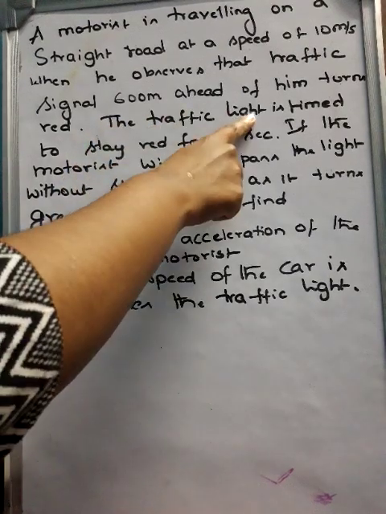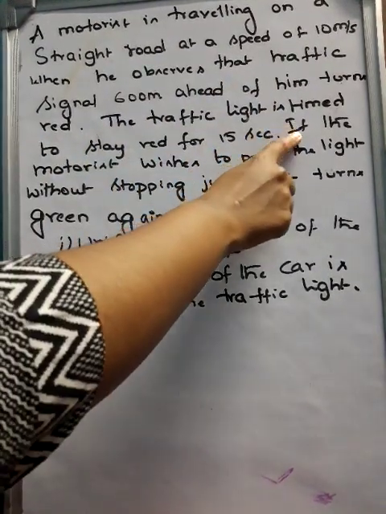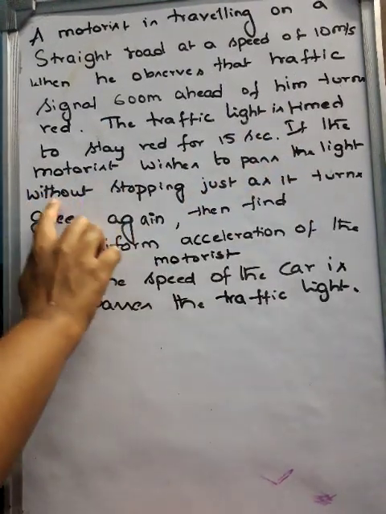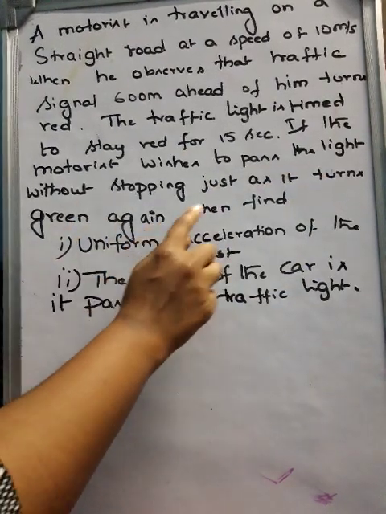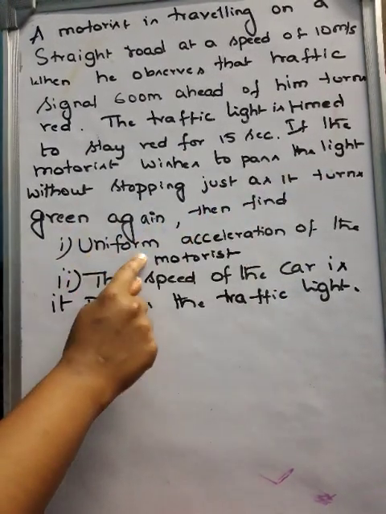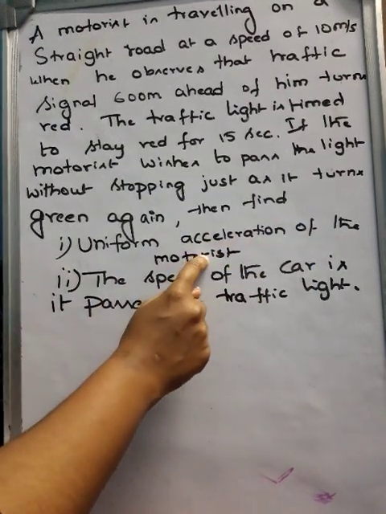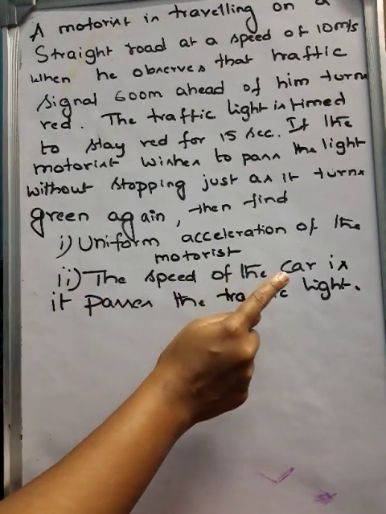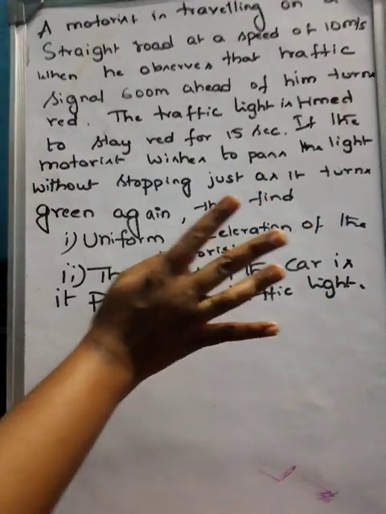The traffic light is timed to stay red for 15 seconds. If the motorist wishes to pass the light without stopping just as it turns green again, then you have to find out, first, the uniform acceleration of the motorist, and second, the speed of the car as it passes the traffic light.